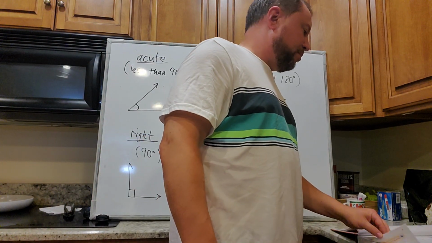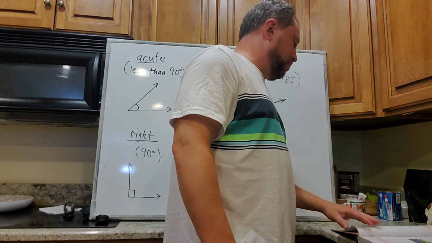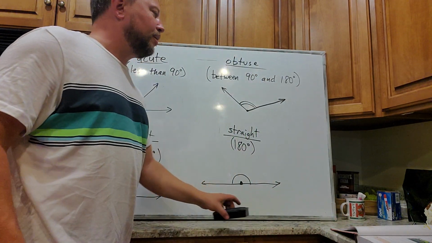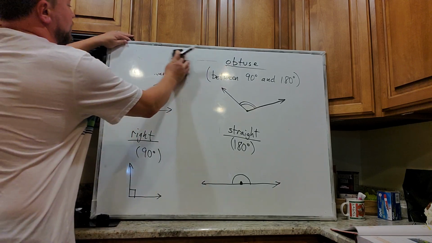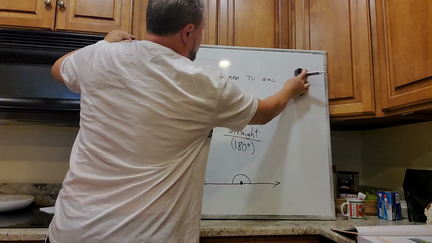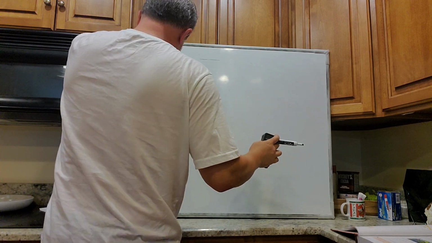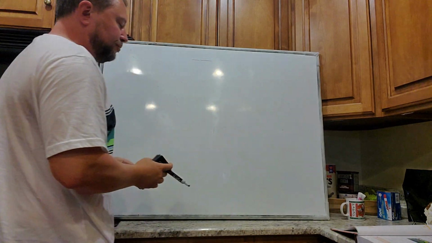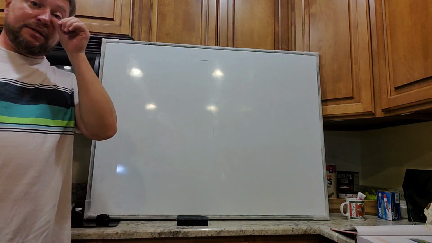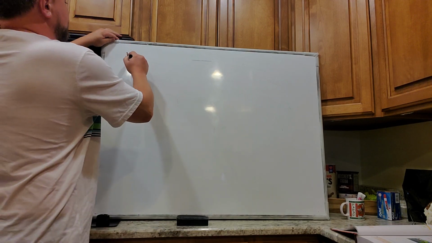Okay, so there's your classifying of angles, the different types of angles you might run into. Now, in our lesson the other day, I know it was a rather long one. It covered quite a bit of material. That's why it was so long. But in that lesson, if you recall correctly, I used the term bisect.